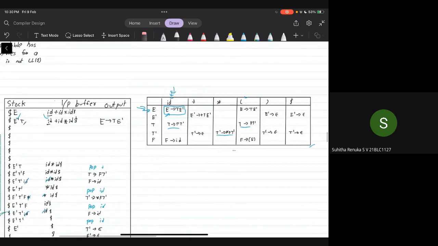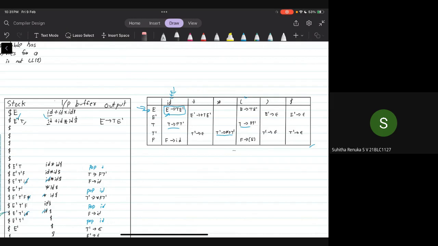Check what is T and ID. Wait, why did you copy the same thing again? Input buffer, because we didn't do anything. Input buffer isn't changed yet. So you need to find for E dash and ID, right? No, T and ID. Why? Because you put it in the opposite direction. E dash and T. T is the top of the stack.